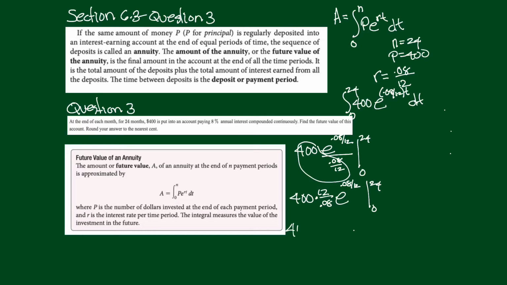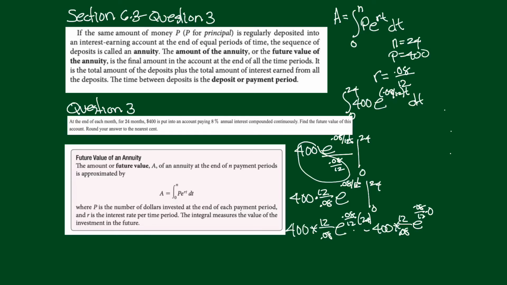So this will give us 400 times that 12 over 0.08, put in the upper limit, there's a t here, right? e to the 0.08 over 12 times 24, minus 400 times that 12 over 0.08 e to the 0.08 over 12 times 0.